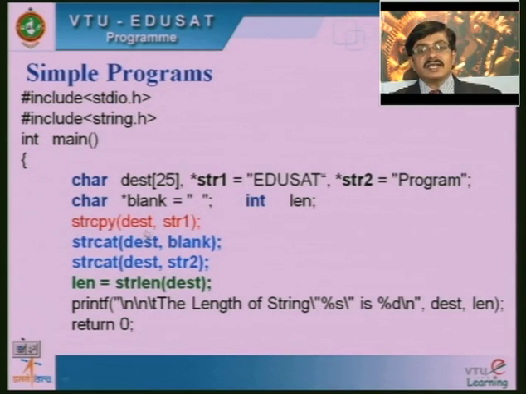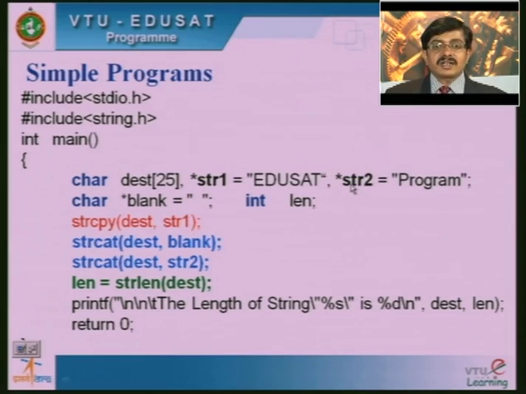Now one simple program where we use the string handling library functions. When you are using them, we must use the string.h header file. Here I am declaring dest, the destination, as an array of 25 characters, and str1 is a pointer to char holding the string edusat. str2 is another pointer to char holding the string program.